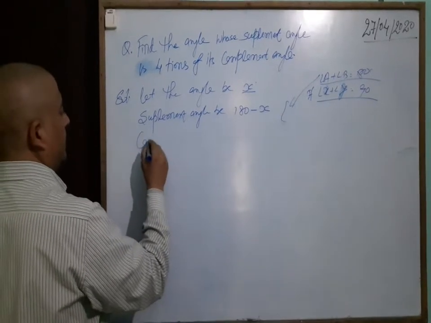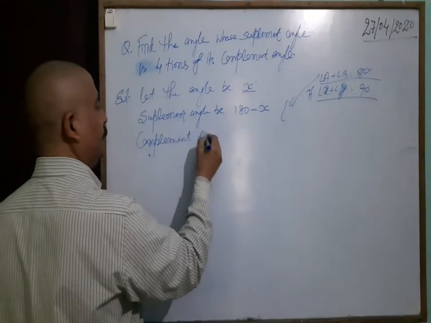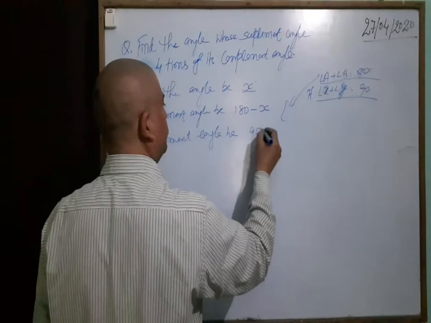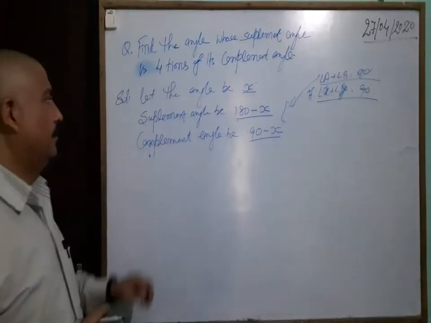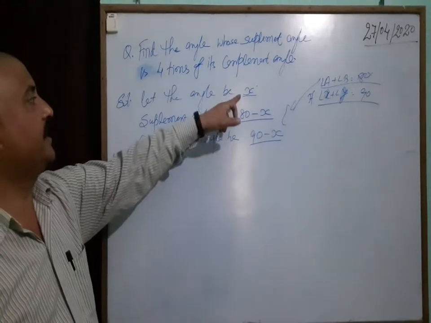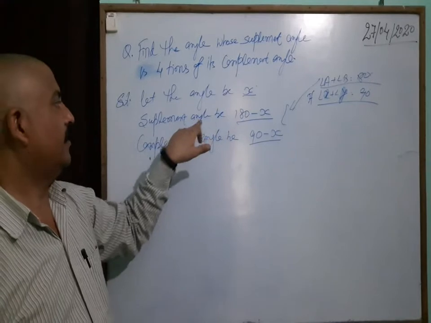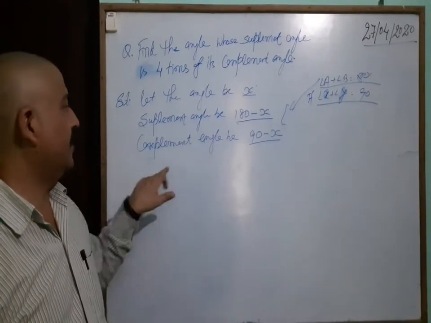The complement angle of x is equal to 90 minus x. So the supplement angle of x is 180 minus x, and the complement angle of x is 90 minus x.